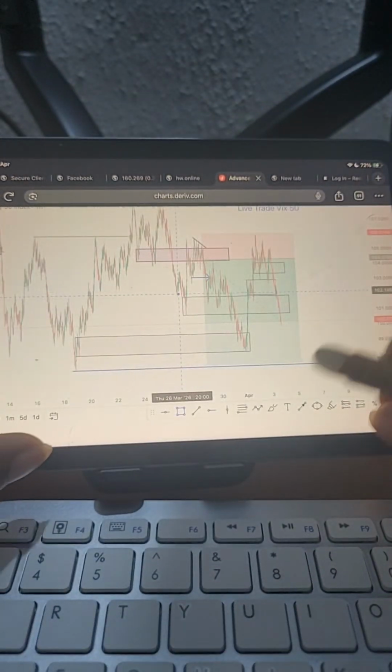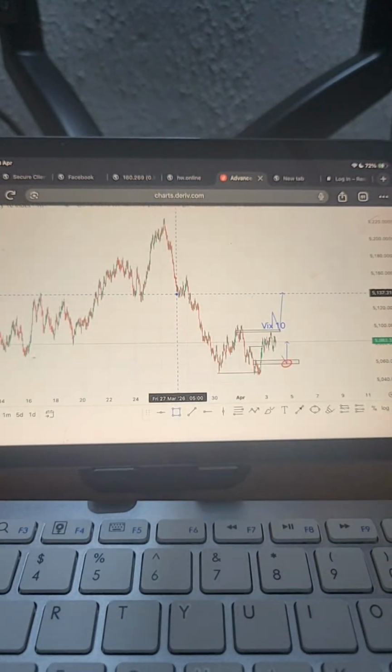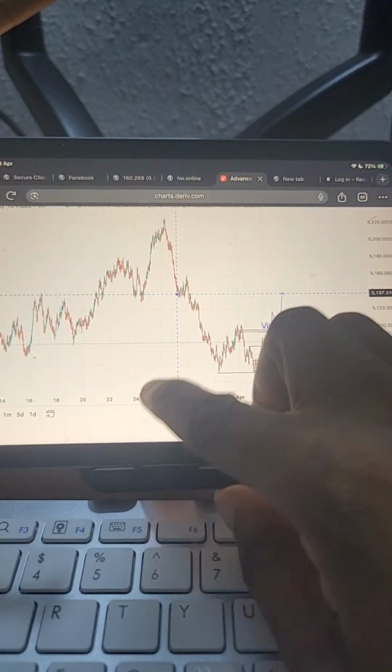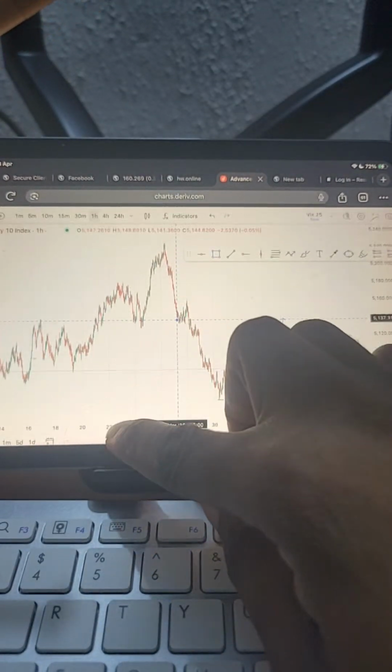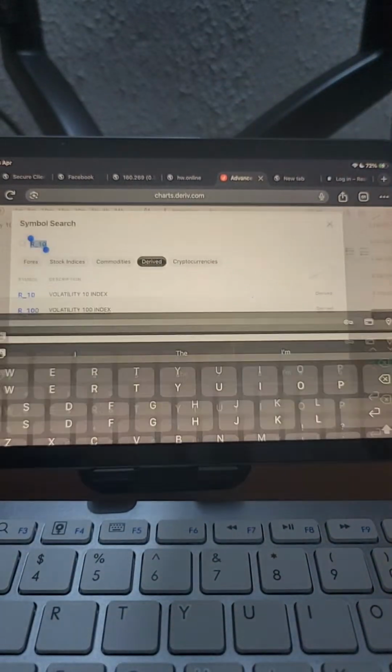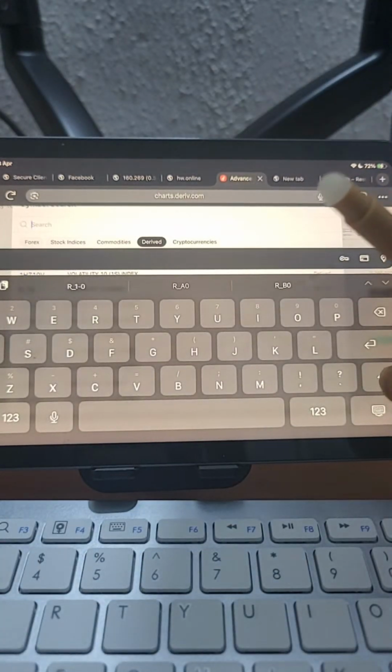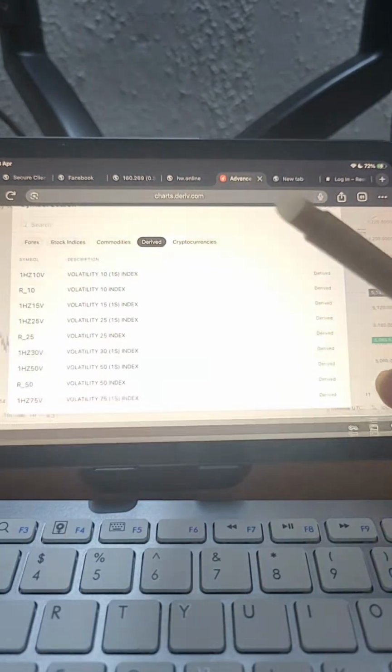If you are just starting your trading career and you want to start trading synthetic indices, I'm not going to lie: as long as you know the right asset to trade on synthetic indices, then you are good to go.